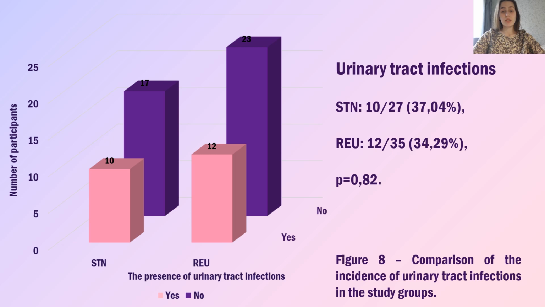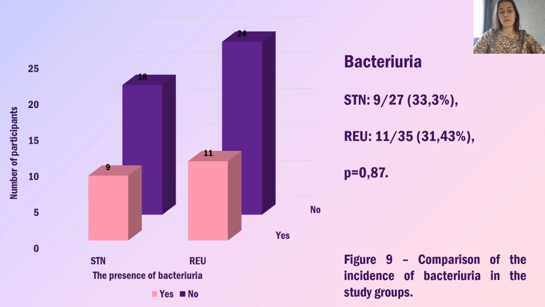Urinary tract infections were found in 10 out of 27 patients from the group with ureteral stenting, and in 12 out of 35 patients after ureteral system anastomosis. Bacteriuria was detected in 9 out of 27 cases after ureteral stenting and in 11 out of 35 cases after open surgery.